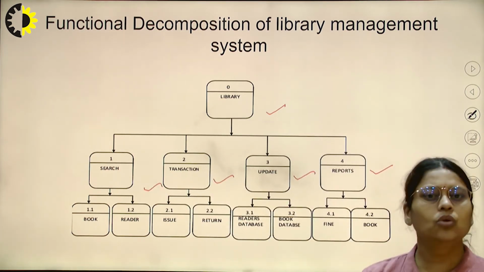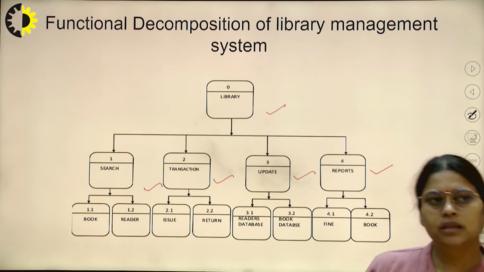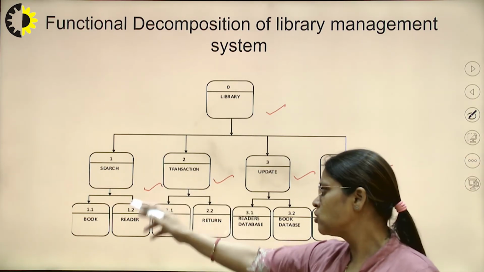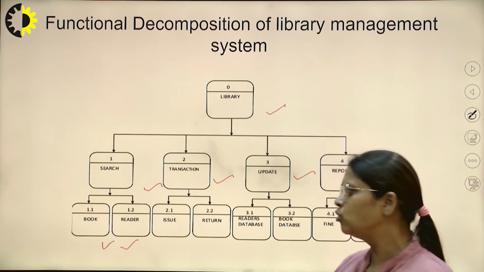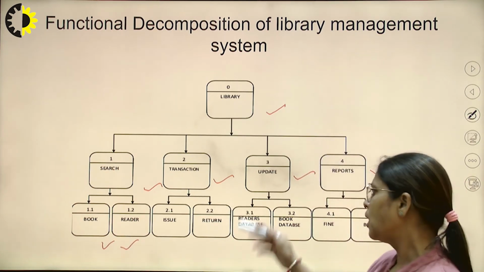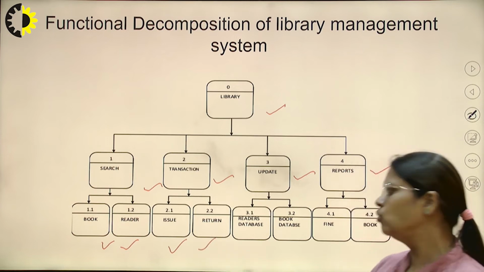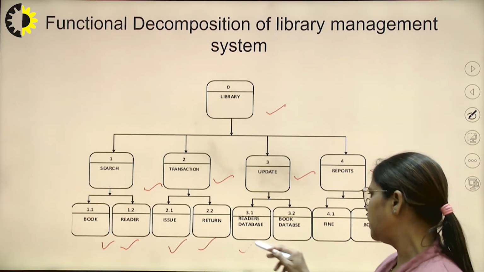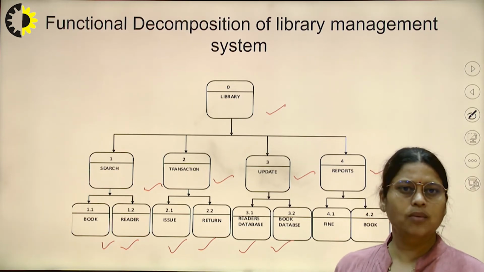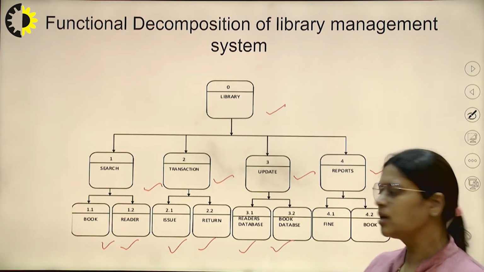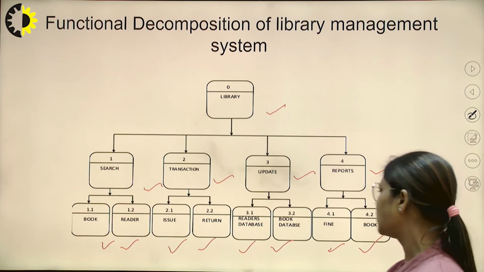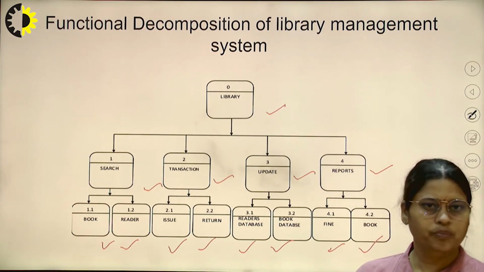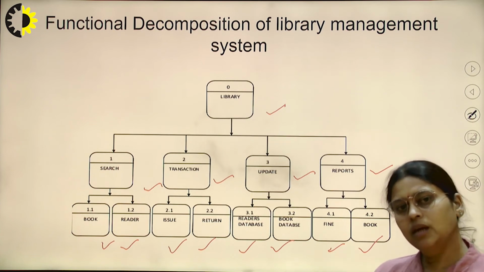Again, we subdivide these sub modules into further sub modules. The search module is divided into two modules, book and reader. Transaction is divided into two sub modules, issue and return. Similarly, update is divided into two sub modules, reader database and book database, and report is subdivided into two sub modules, fine and book.